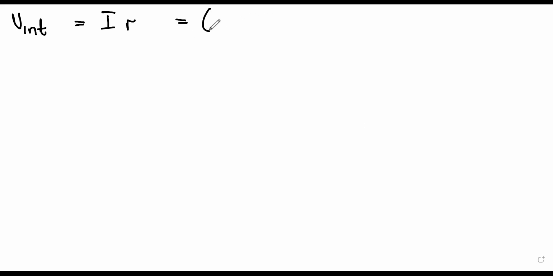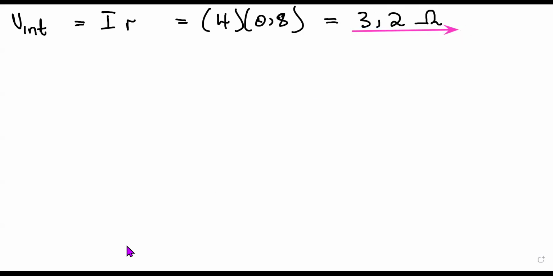The current that passes through the internal resistor is 4 amperes, and the resistance of this resistor is given to us as 0.8 ohms. Then if you say 4 times 0.8, you'd simply get 3.2 ohms. This is what you have. All right. Now, what is wrong with me? It's supposed to be volts because we are finding the potential difference. Sorry about that.